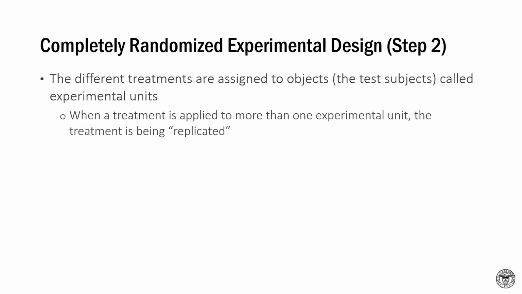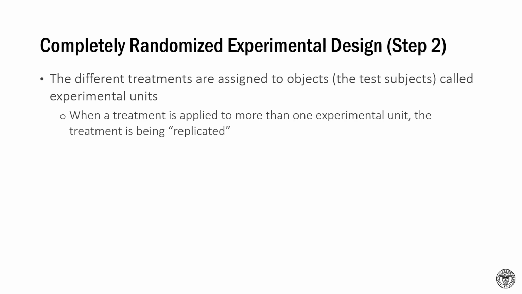In step 2, we need to specify the experimental unit. Experimental units are the objects or individuals that are subjected to the treatment or interventions in an experiment.